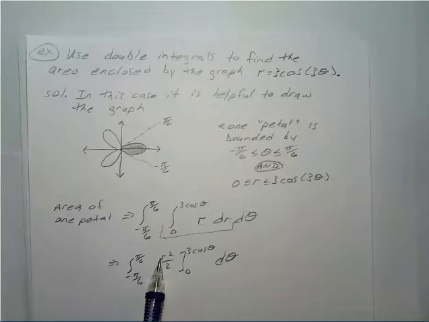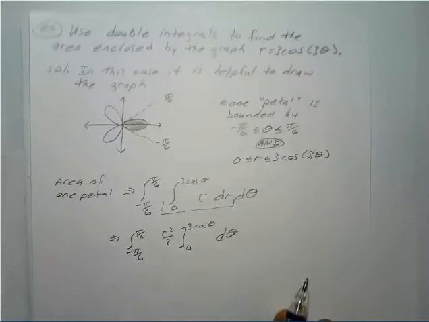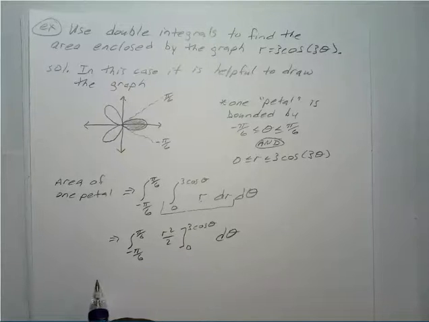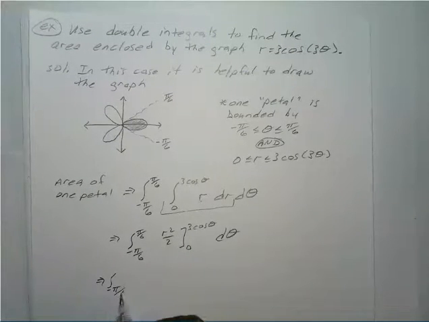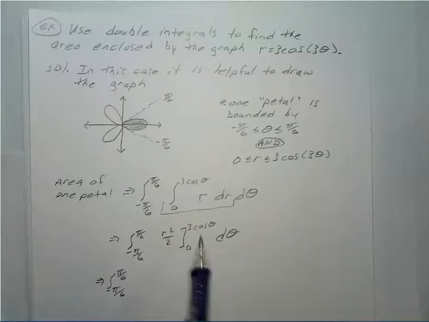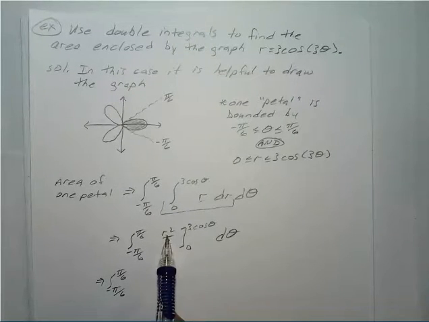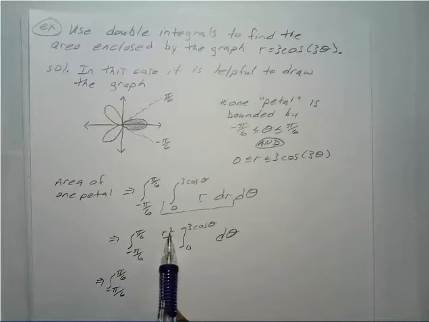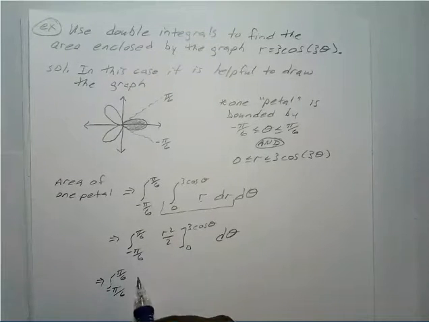So if we plug in 0, we get 0, so it's just going to be the integral from negative pi over 6 to pi over 6 of 3 cosine 3 theta squared over 2, which is 3 squared and cosine squared, so that's 9 over 2 cosine squared.